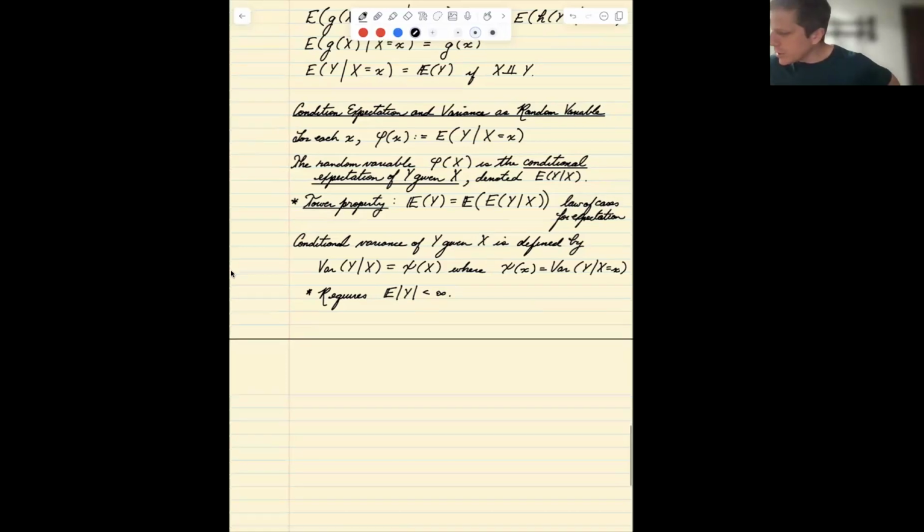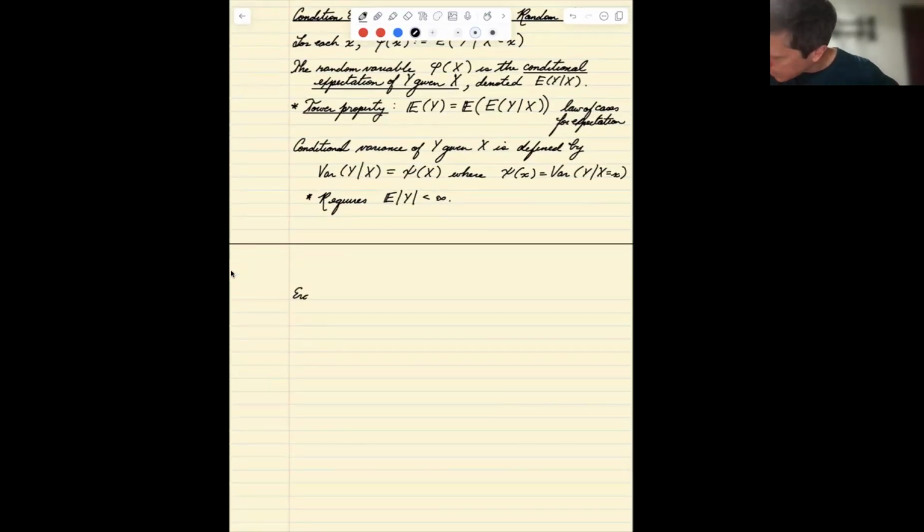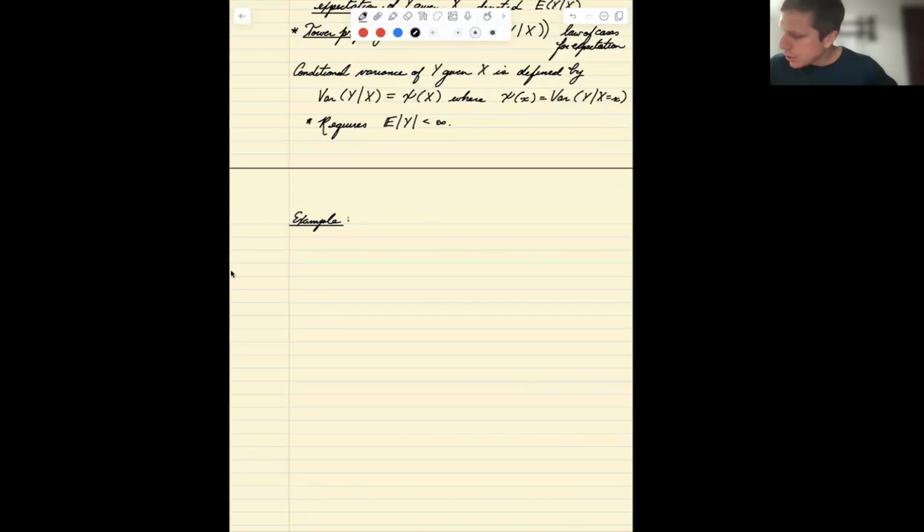Okay, so what can we say about this then? What is an example where we treat conditional expectation and variance as a random variable? So again, let X and Y be jointly normal, with mean 0, variance 1, and covariance rho.